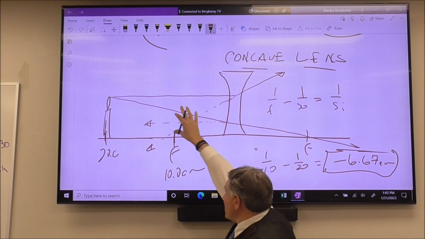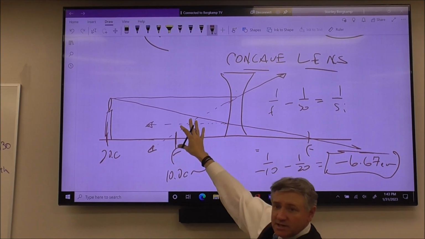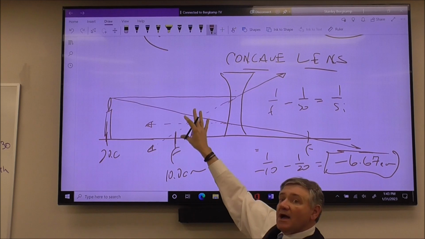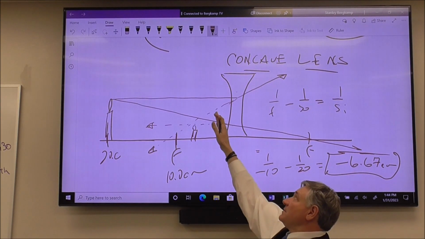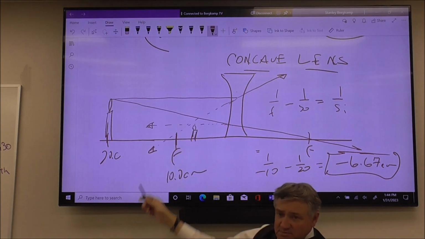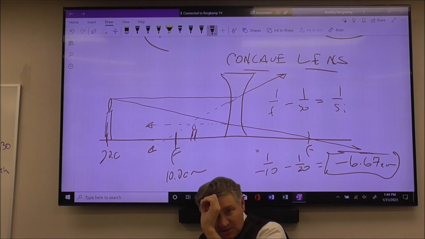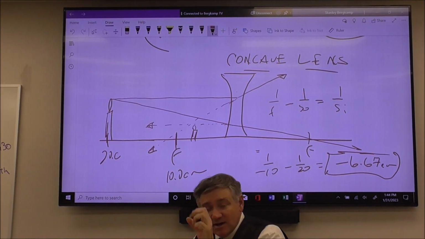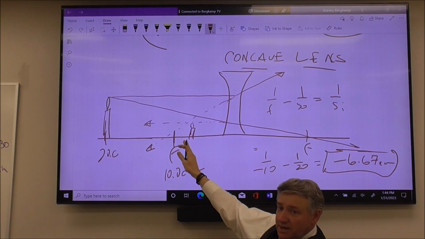The light is traveling in this direction, but the image is over here, and that's in the opposite direction the light is going because some of that energy is being refracted back. So what this would look like is a faint image, like a mirage. This isn't something that I can project onto a screen.